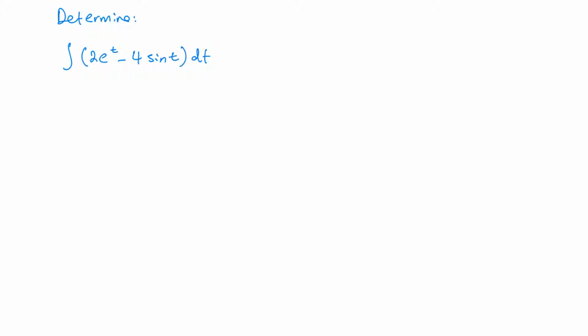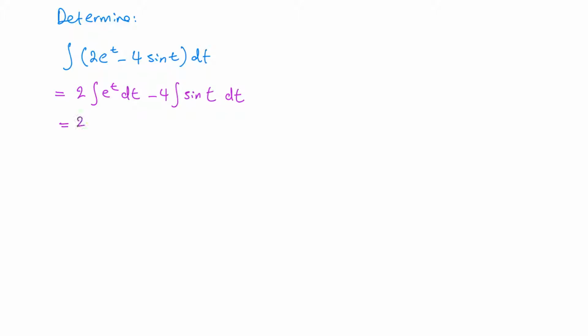First thing I'm going to do is separate all the constants from the integral sign and also separate the two terms from each other. So this will equal 2 integral of e^t dt minus 4 integral of sine t dt.